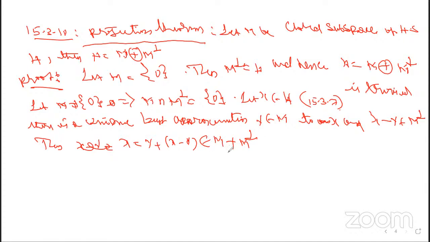This shows that every vector of H can be represented as the sum of a vector in M and a vector in M perpendicular. Hence H equal to M plus M perpendicular.